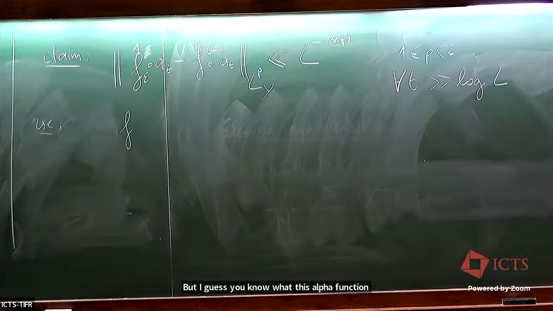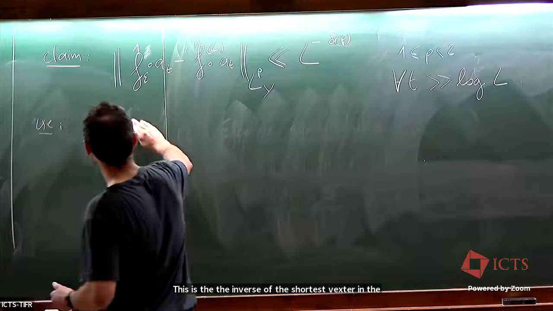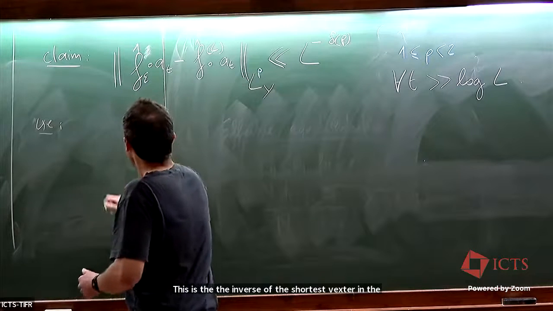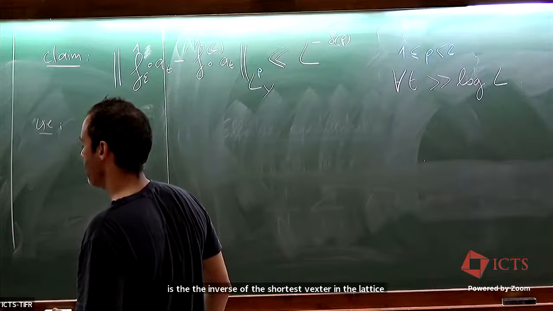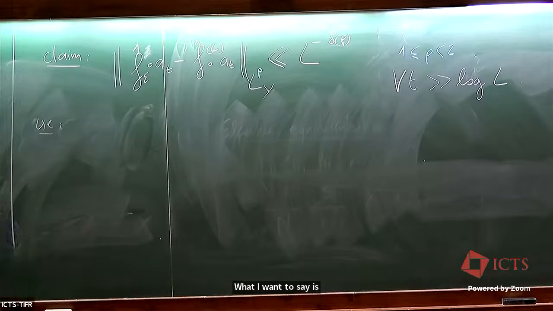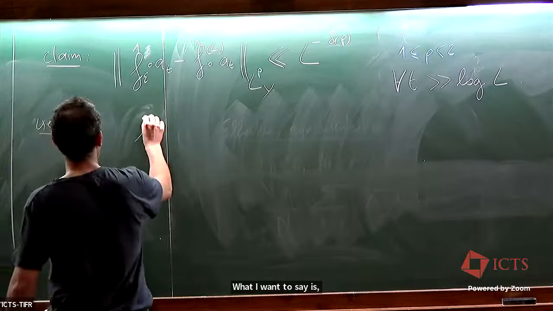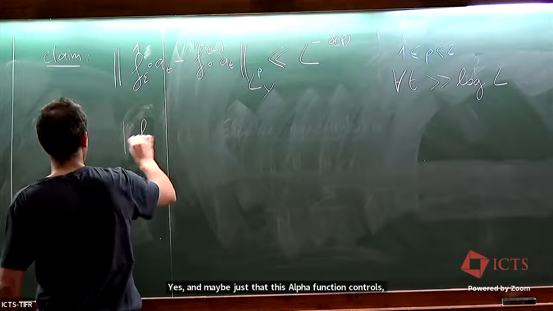This is the inverse of the shortest vector in the lattice. What I want to say is that this alpha function controls the growth of the Siegel transform.